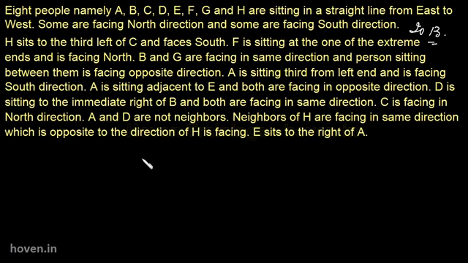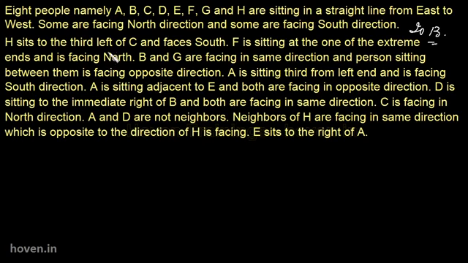The second thing is that you should not initially worry about the direction in which the people are sitting, whether north or south. What you should try to read is as much concrete information as possible. For example, we can find out the relative location. Let us see what I'm trying to say here.